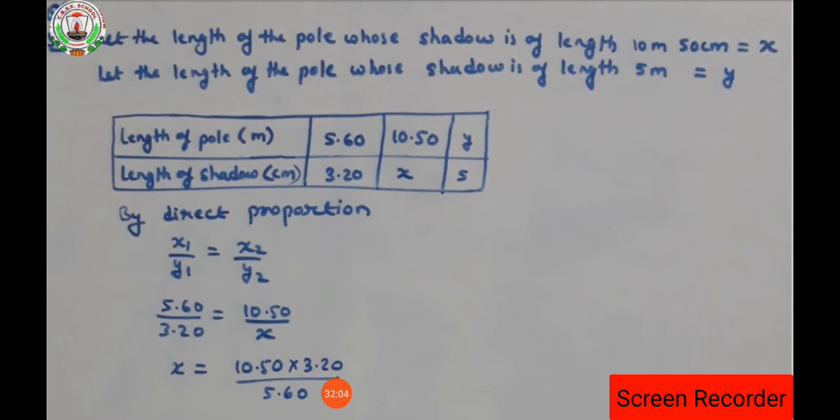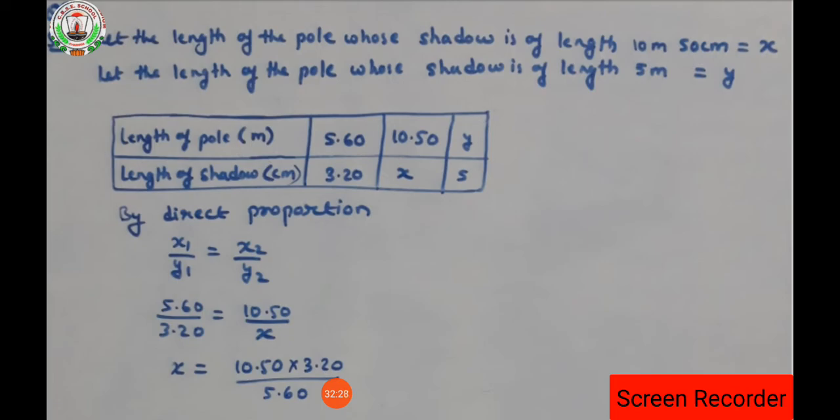So what will it be? 5.60, and the length of the shadow for the pole of length 5.60 will be 3.20. Then for 10.50, if the length of the shadow is x, and if the length of the pole is y, then the shadow will be 5.